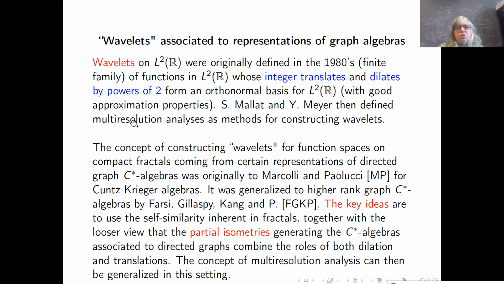Mallat and Meyer constructed the concept of multiresolution analyses. And then, of course, Daubechies made these wavelets having compact support.